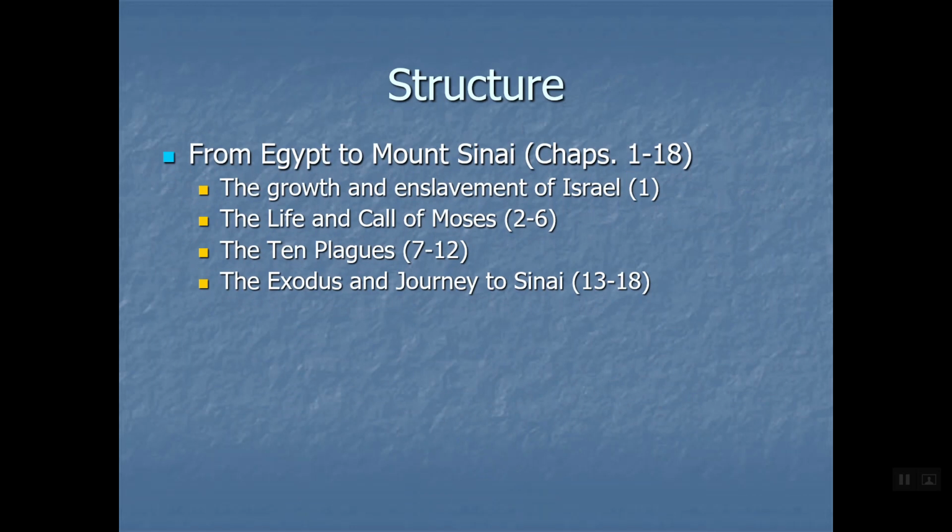What was the process? Well, I think they did wrestle with that, and even though he told them, he even wrestled with being their leader, and he asked God, well, who shall I tell them sent me? And he tells them, I am. Yahweh is the name of the Lord. And so I think the main reason they rebel against Moses, and they do it frequently through Exodus and through Numbers, is that they don't like the way things are going.